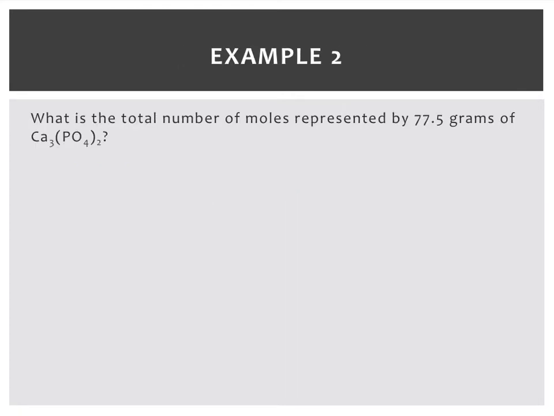All right, let's try this next one. Calcium phosphate. We need to find the gram formula mass. We have 3 calciums, 2 phosphorus, and 8 oxygens. Okay, phosphorus here is 31. Calcium is 40.